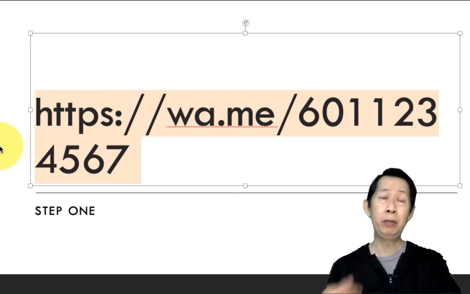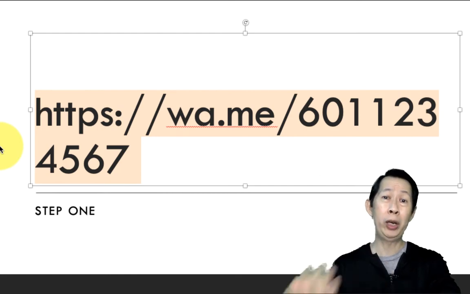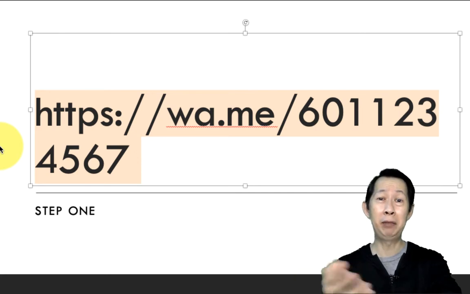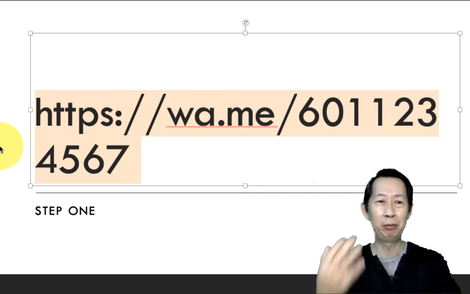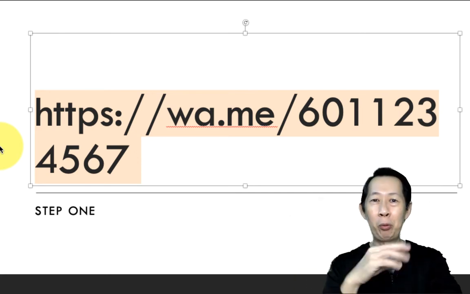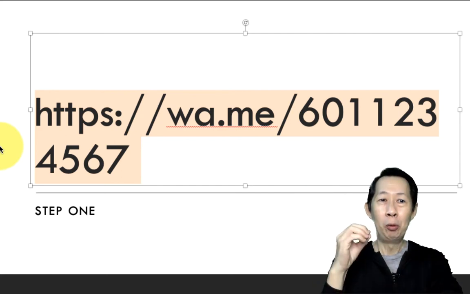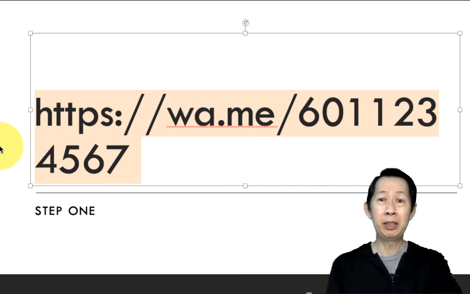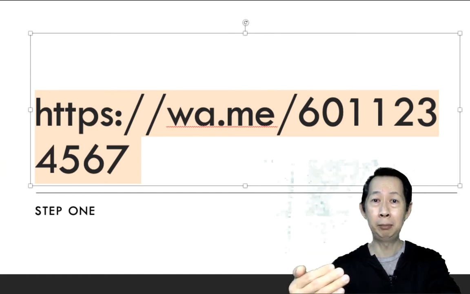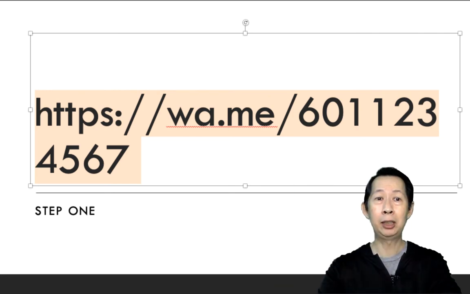So if I'm selling kuih, I've got red kuih, blue kuih, so many different kuih. You know, Malaysians love kuih. Kuih is a cake. So there are so many different types, so how are they going to message you? Make it easy for your customers to send you a message.